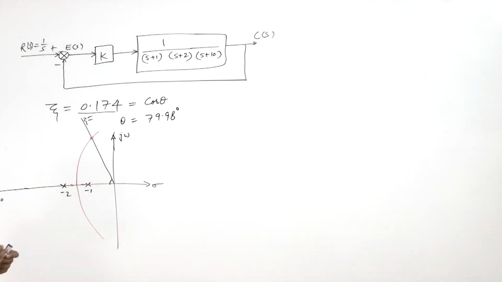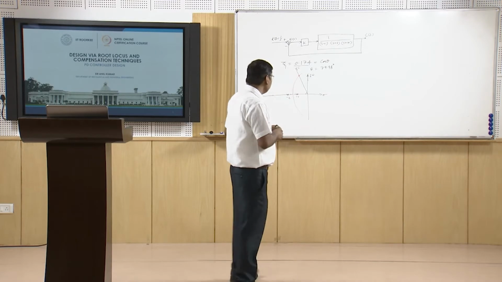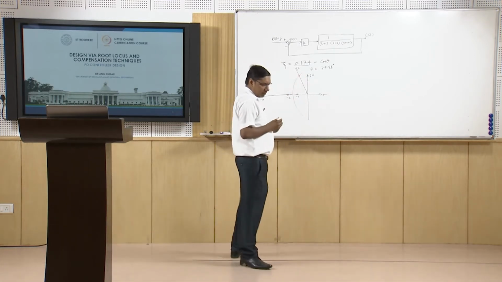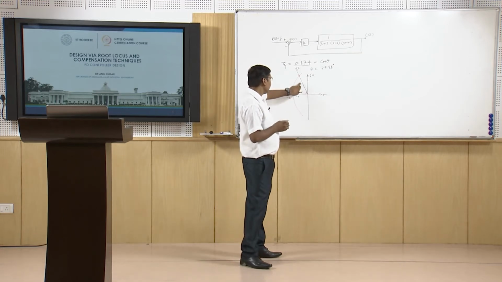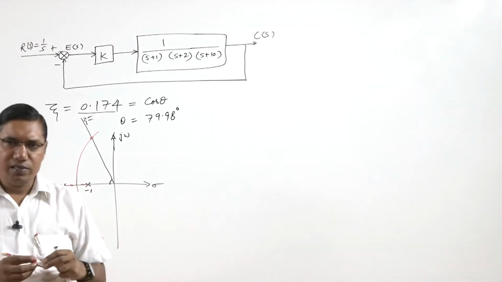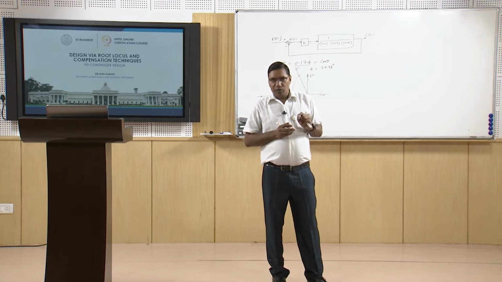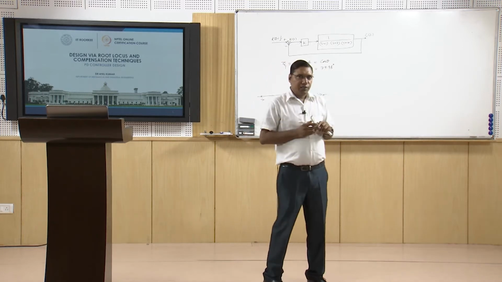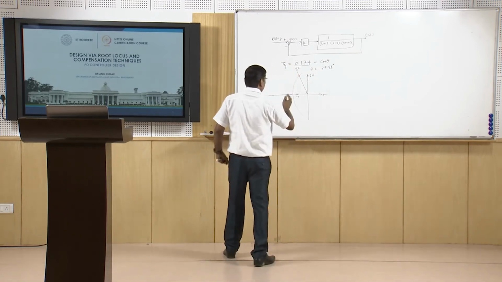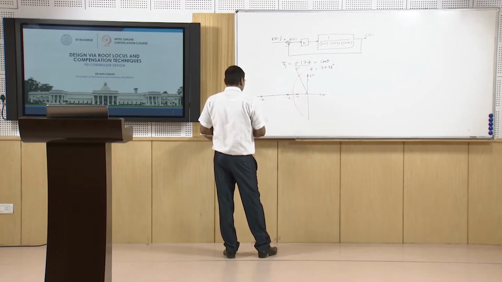We know how to find the point that intersects a particular damping line. We select points on this line, and the point that satisfies the angle condition, that is the angle is an odd multiple of 180 degrees, is on the root locus as well as on this line.